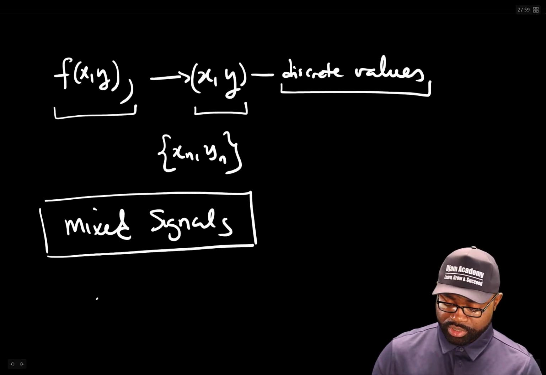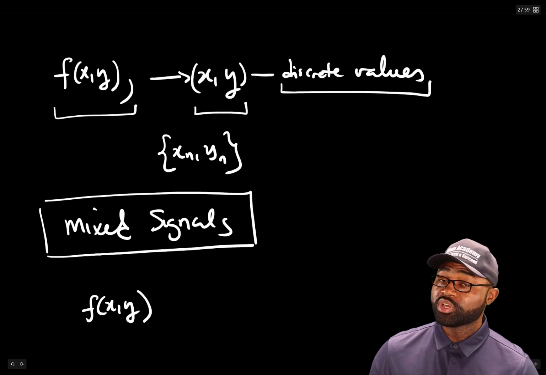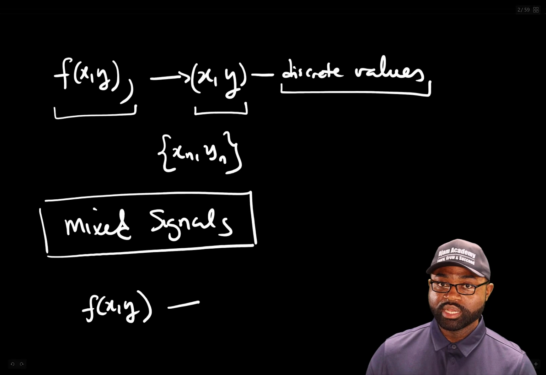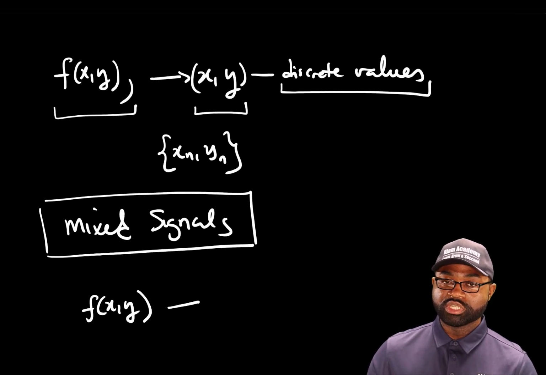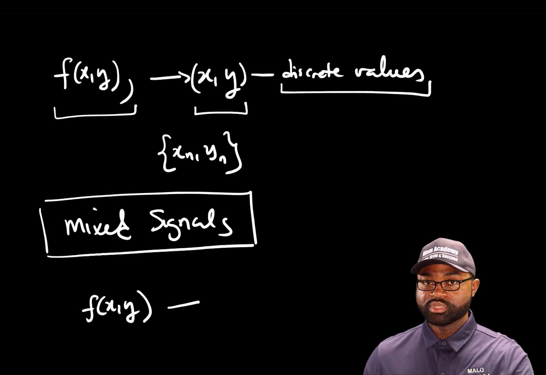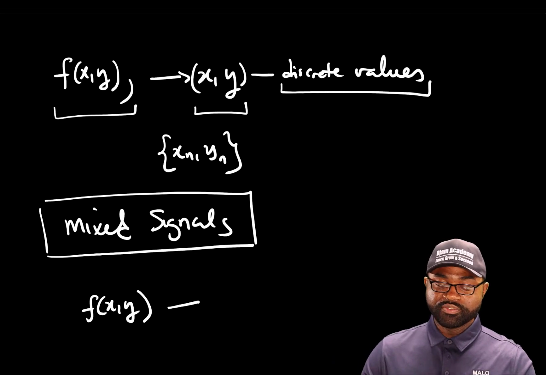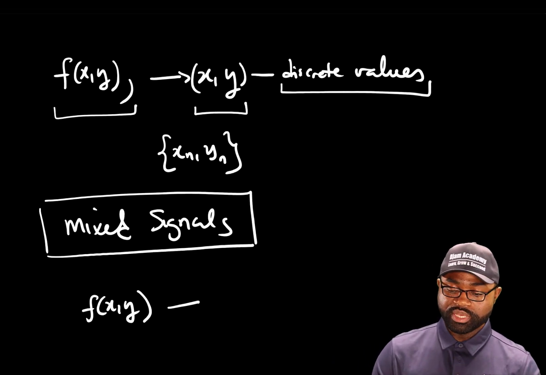In other words, if a mixed signal is represented by this function, x can be continuous and y can be discrete. And so the function has a mixture of continuous and discrete variables. That defines a mixed signal.